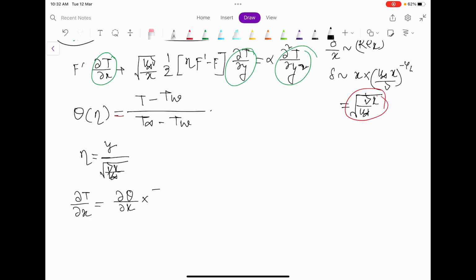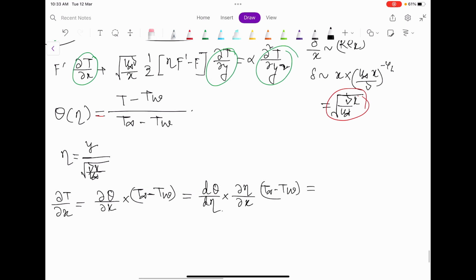So del theta del x into T infinity minus T wall, and I have told how this transformation comes, why this T infinity minus T wall came here. I will not explain it now, because I have explained it ample times before. Theta is a sole function of eta, so this into T infinity minus T wall.